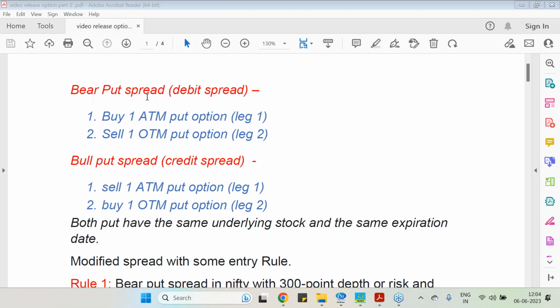Bear put spread and bull put spread: if the market corrects, you will benefit. Bear put spread means buying an ITM or ATM put option and selling an OTM put option. This is a bear put spread. And bull put spread means if the market goes up, you will benefit. It is a credit spread.